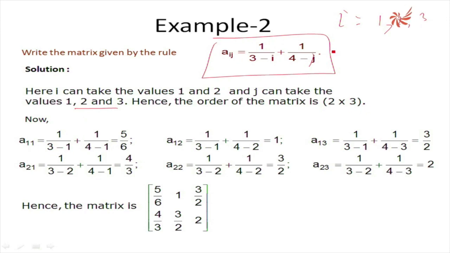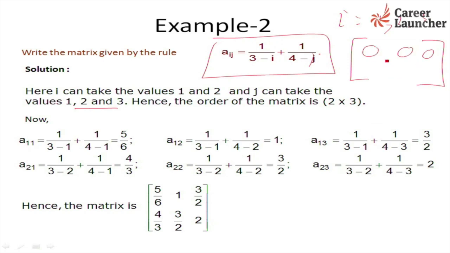So now what we will do, we will put one by one the values of i and j. The matrix of the order is 2 by 3. So it will be of the type here elements. Okay, so the element here is a11. So we'll put in the place of i and j 1 comma 1.